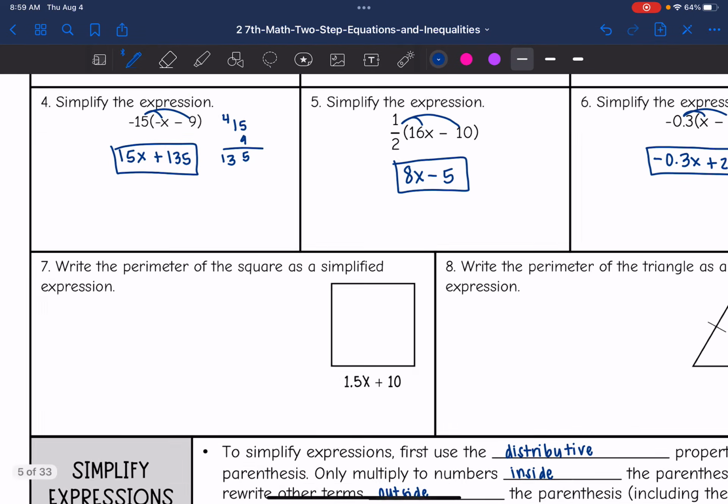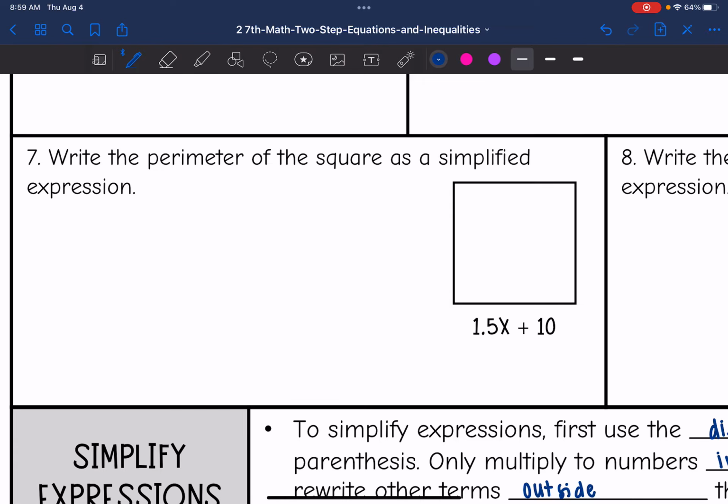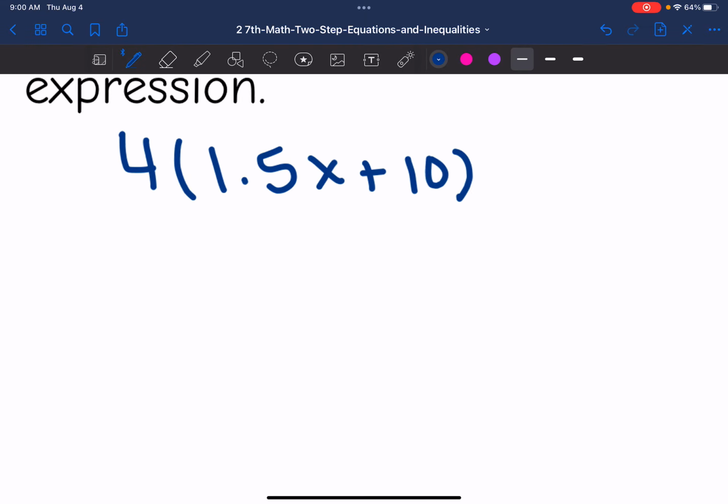Okay, number 7. It says, write the perimeter of the square as a simplified expression. So each side of the square is 1.5x plus 10. It's a square, it has all the same sides. So we could add those together, or we can use the distributive property. There are 4 of the sides that are 1.5x plus 10. So now I can distribute.